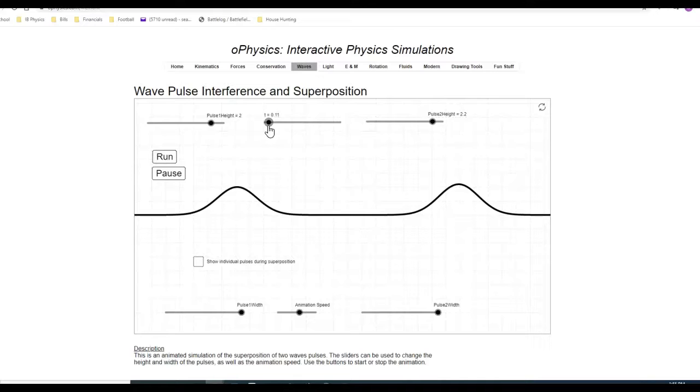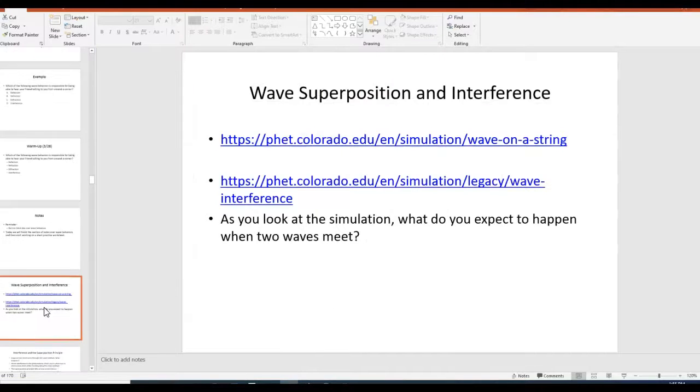You can get a bigger wave or a smaller wave, depending on whether you're adding two positive waves, two negative waves, or one positive and one negative. If you add a positive and negative displacement together, there's going to be some type of cancellation. But the principle that waves can add together like that is called superposition.